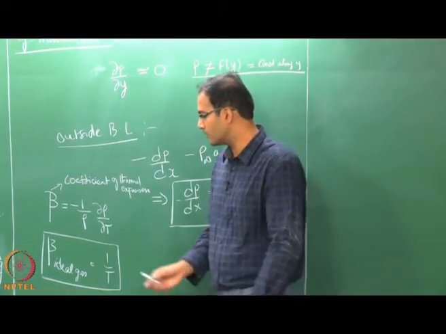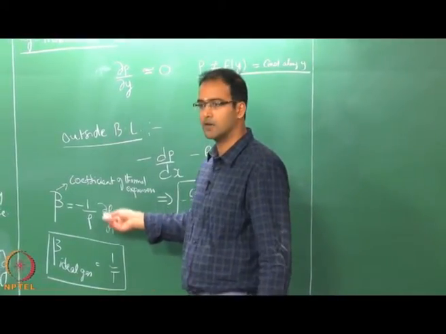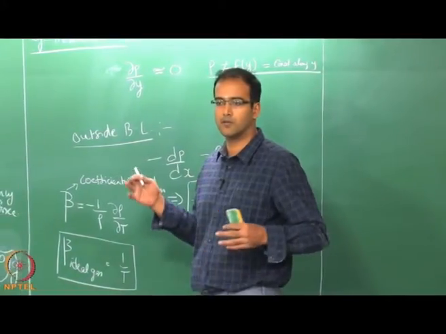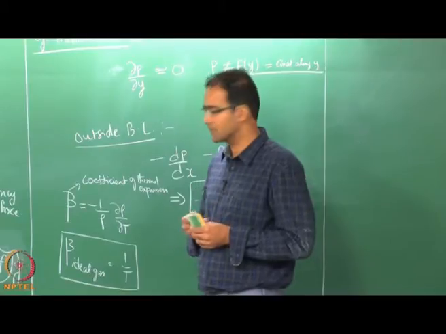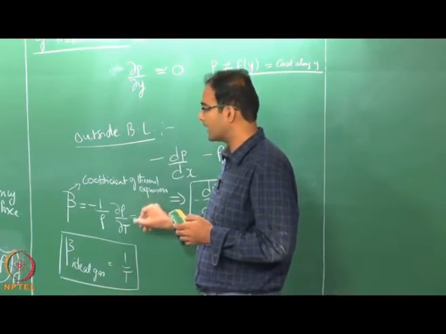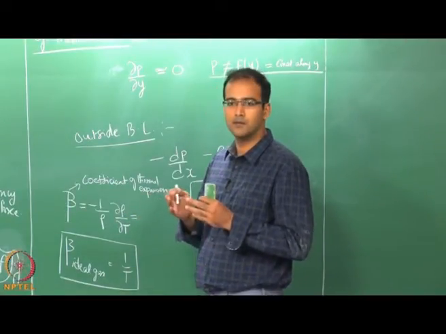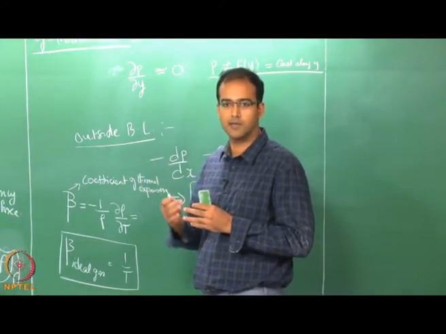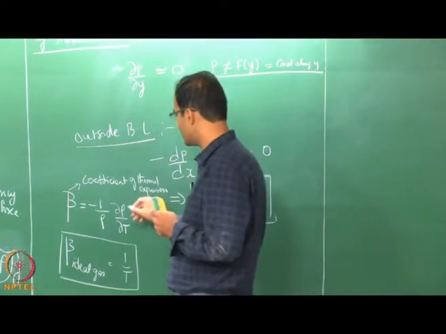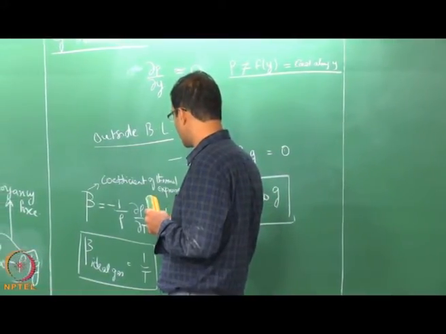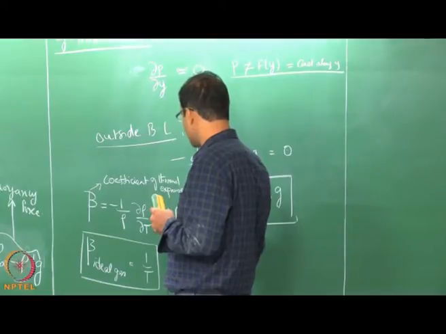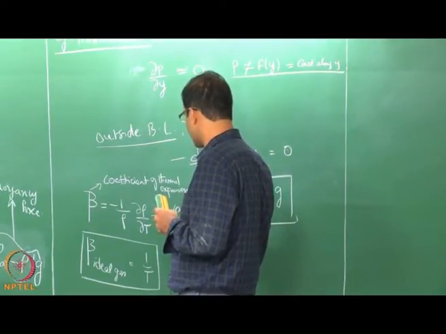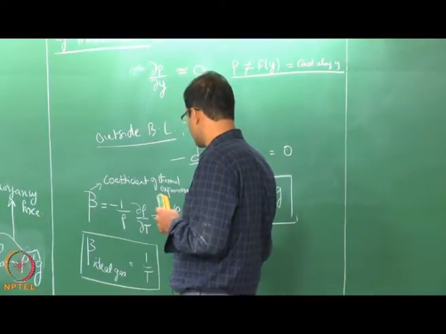So, therefore, now if you use a simple finite difference, assuming a linear variation of density with temperature, if you want to calculate the variation from some reference temperature T infinity to actual temperature T, how will this look? You have minus 1 by rho, rho minus rho infinity divided by T minus T infinity.